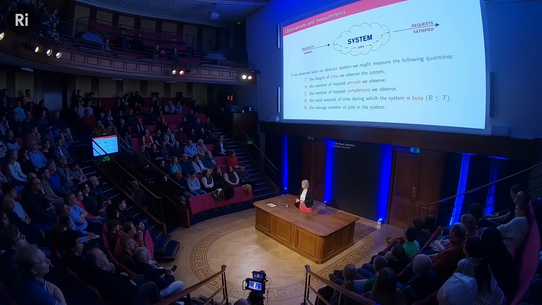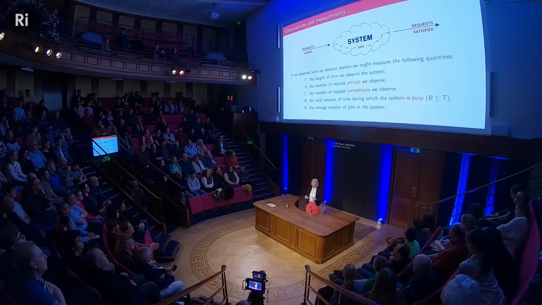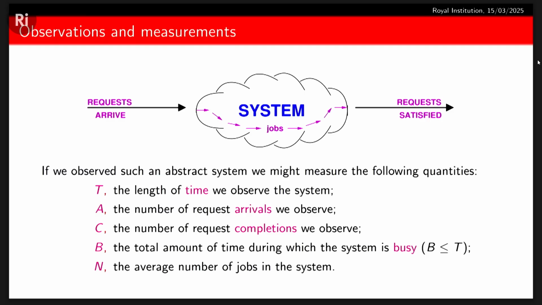And then we can also look at the average number within the system. So this will be looking at how many are in the system for what duration, and then working out the weighted average to see how many people on average were actually in the system. We can do this for any system, just looking at it and observing it.